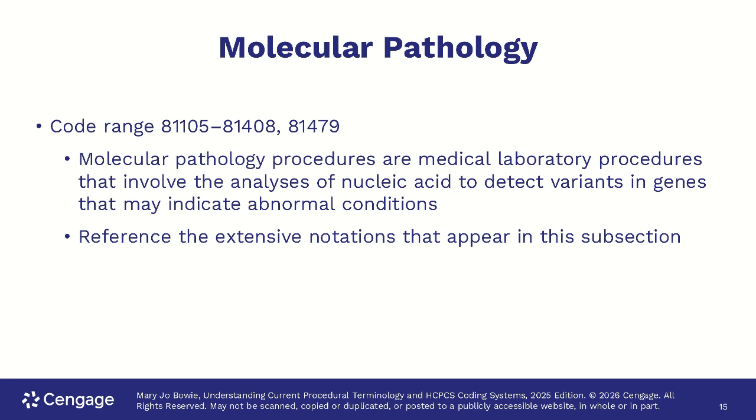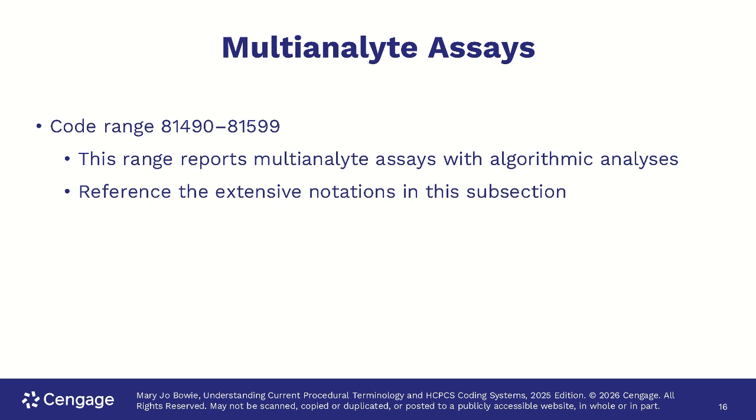And Hugo is Hugo, Human Genome Organization. That sounds about right. Okay, there's lots of notes that you need to read if you're going to be coding from this area.